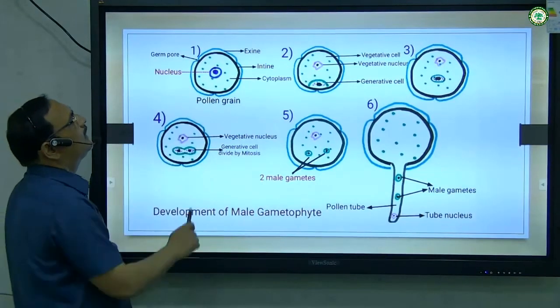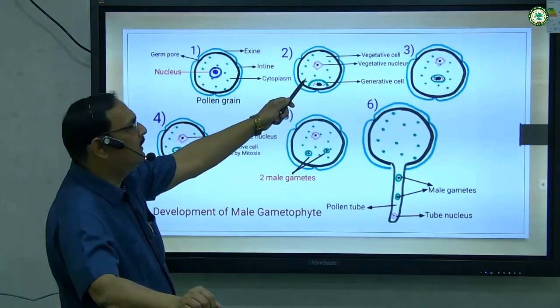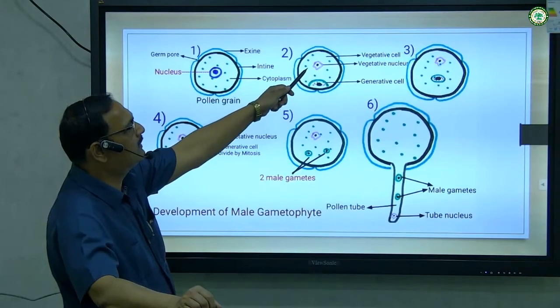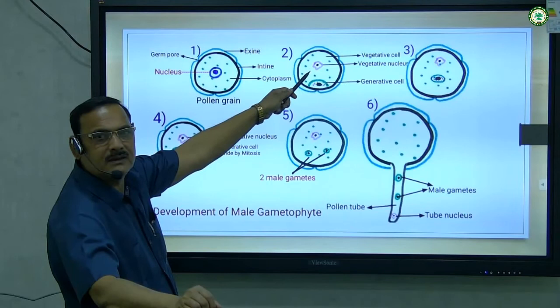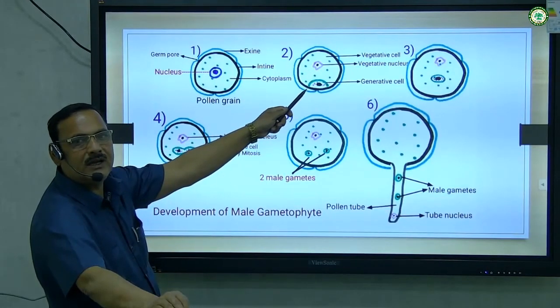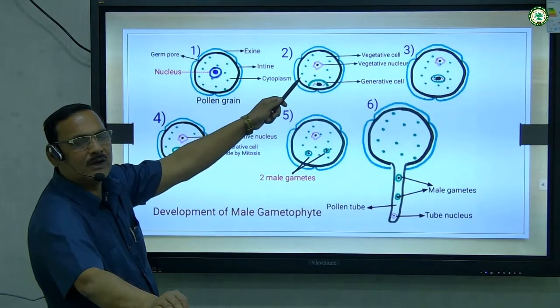This is the pollen grain. In the second figure, you can observe the two-celled nature of the pollen grain: a larger vegetative cell containing an irregular nucleus, and towards the base a smaller generative cell which floats in the cytoplasm of the pollen grain.